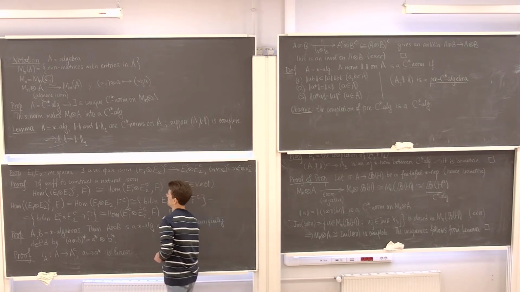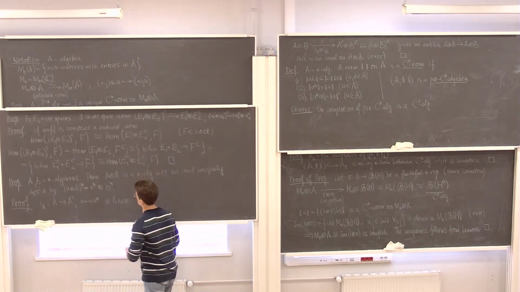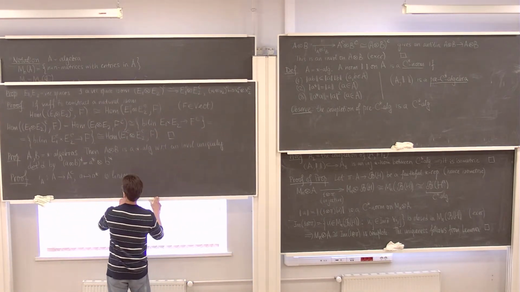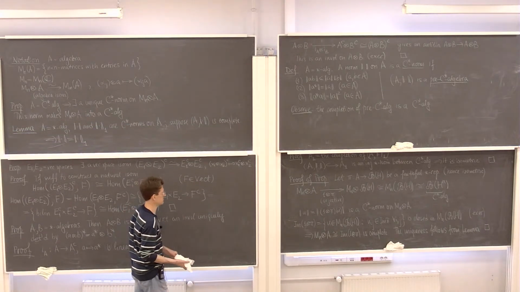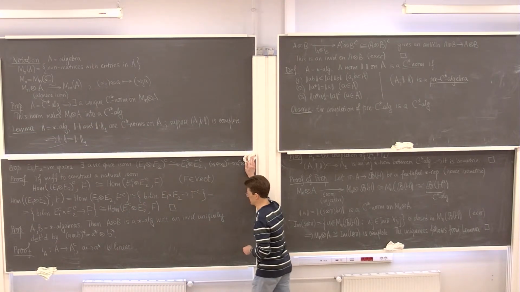Okay, so as a result, we see that the tensor product of an arbitrary C-star algebra by the algebra of square n by n matrices is a C-star algebra in a natural way.